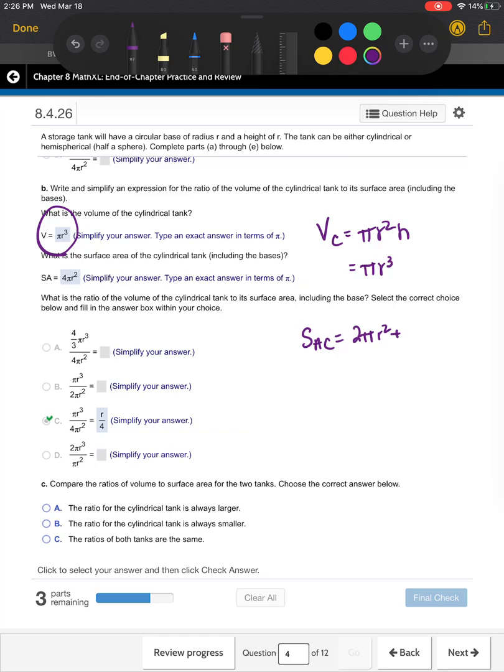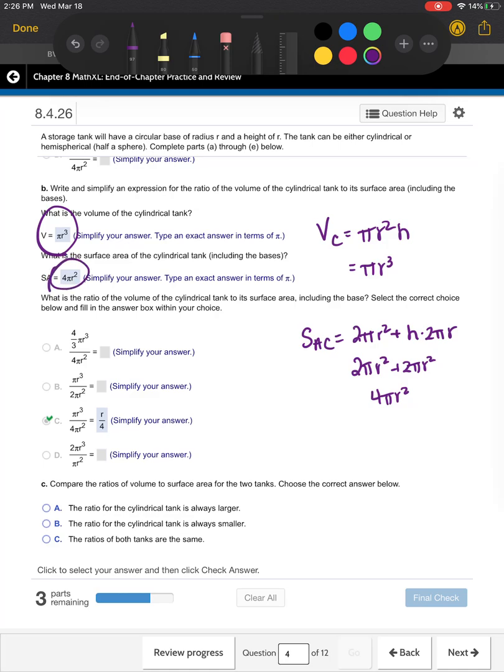Plus, we're going to add in the surface area of the sides, or the nape, of that cylinder. And that comes from h times 2 pi r. Well, we know that h is r, so this really becomes 2 pi r squared because we're substituting r for h. So we get 4 pi r squared for the surface area.